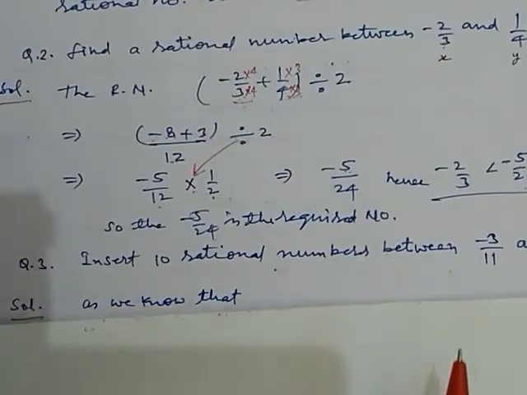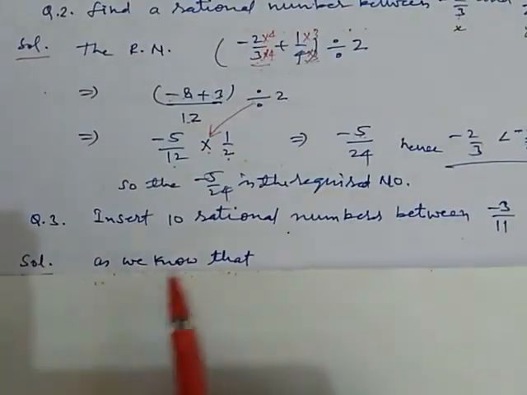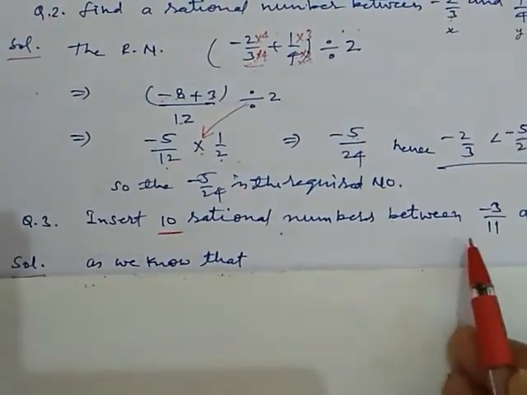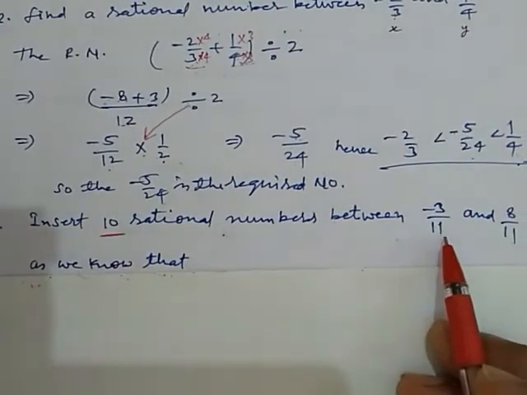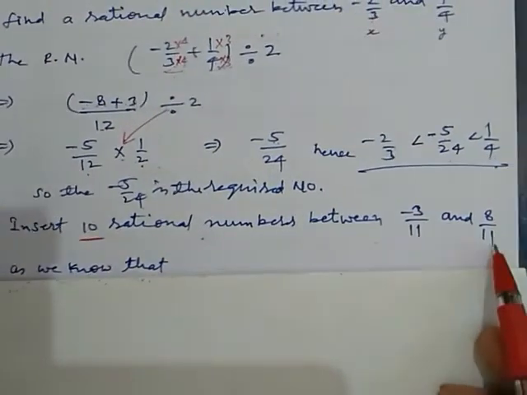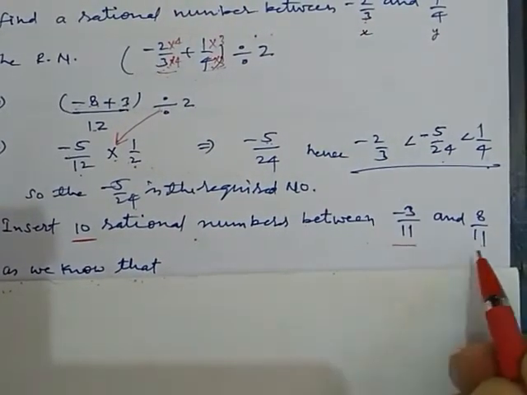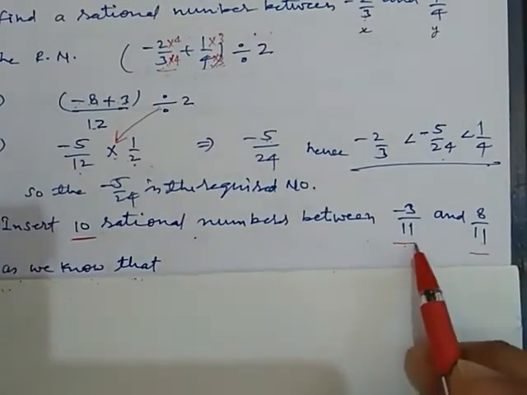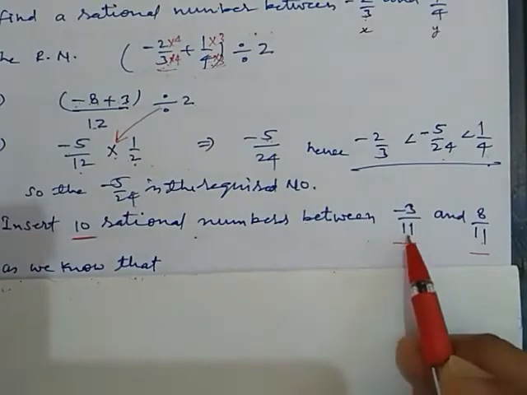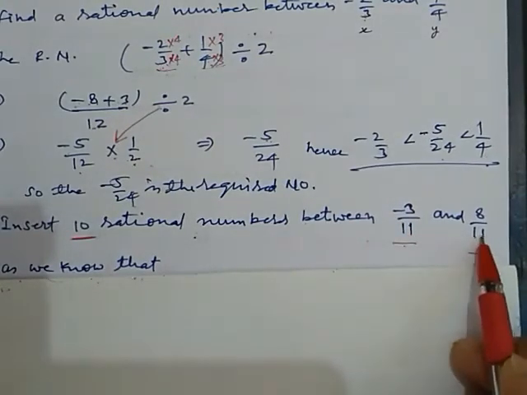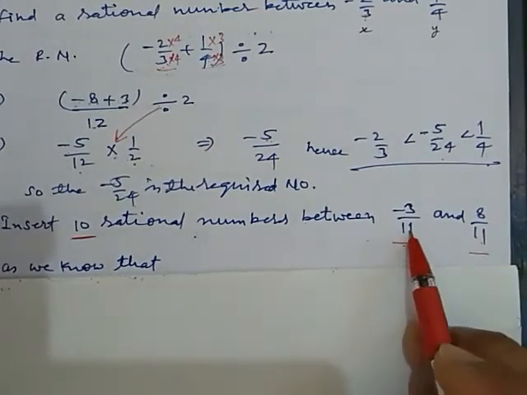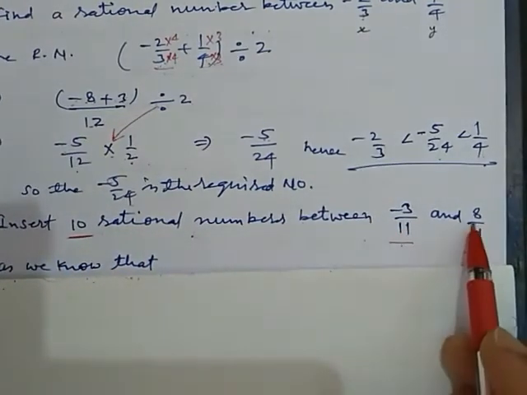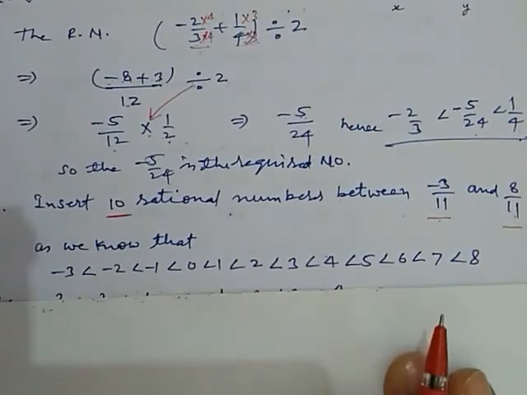Okay. Now another question is, insert 10 rational numbers between minus 3 by 11 and 8 by 11. Our numbers are minus 3 by 11 and 8 by 11. Here the denominators are the same, so no need to change them, but we want to insert 10 numbers in between them. So we multiply this by how much?